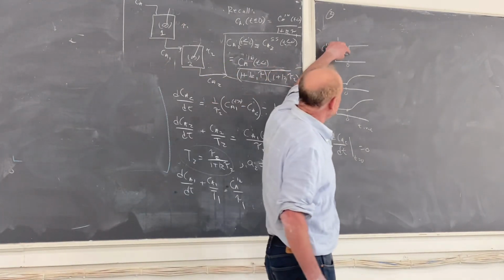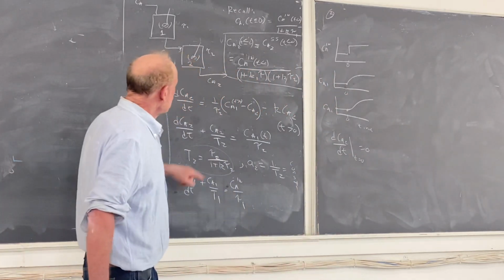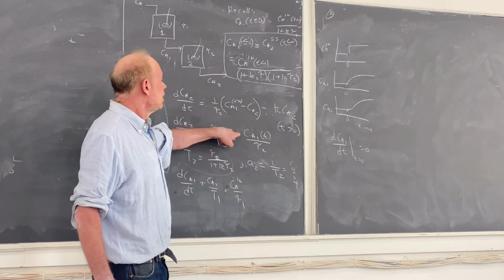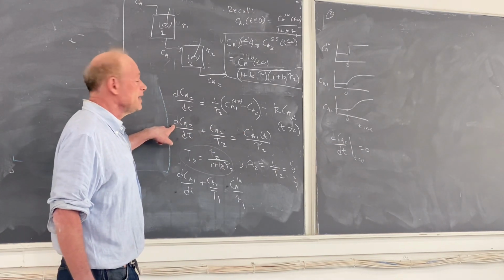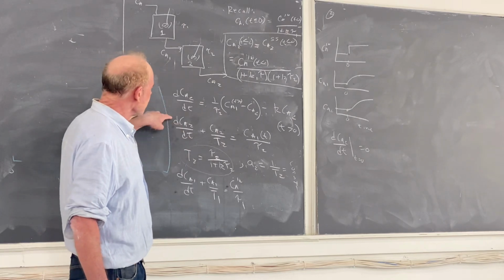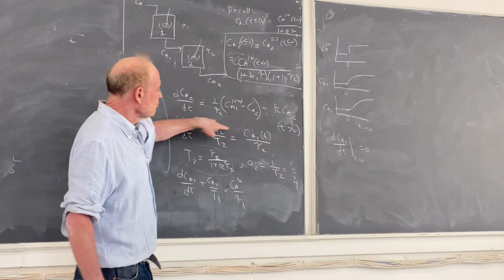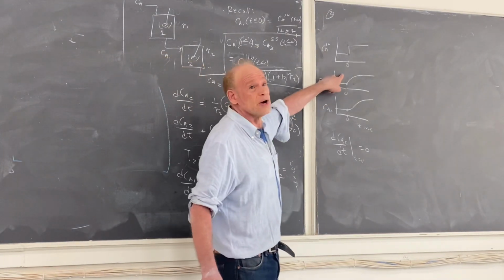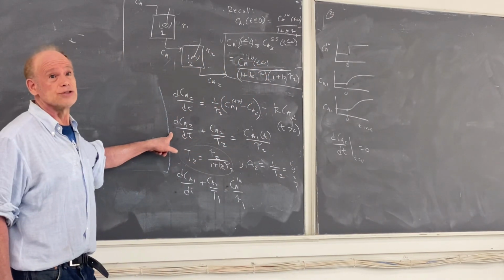So this change changed the derivative. Similarly, a change in CA1 itself doesn't affect dCA2/dt. But if I take the derivative of both sides, the second derivative here plus the derivative gives me the first derivative of CA1. The first derivative of CA1 has changed, so therefore the second derivative of CA2 is changing.